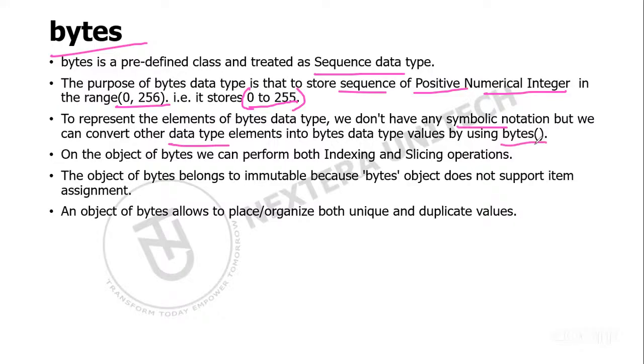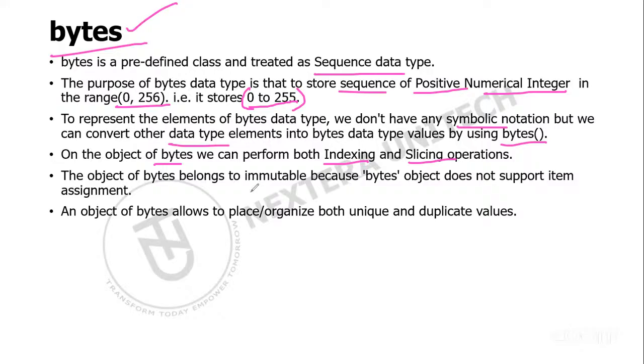We use the bytes function for the conversion. And on bytes objects, we can perform both indexing and slicing. Whatever we have discussed about indexing and slicing on str objects, the same concepts can be performed on bytes objects also. Fine.